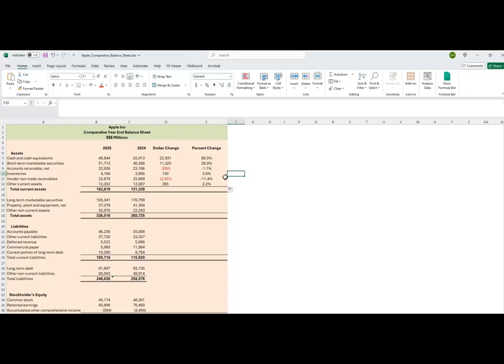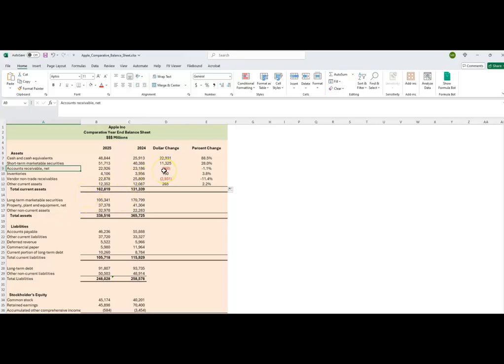Now let's look for one that actually went the other way. Let's calculate accounts receivable. Accounts receivable, net. When it says net, it means it is net of allowances for doubtful accounts. You already saw that in chapter 4 or 5 when we discussed receivables.